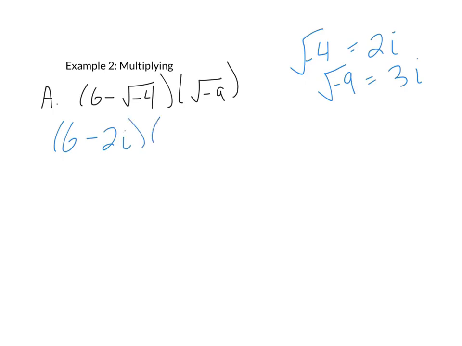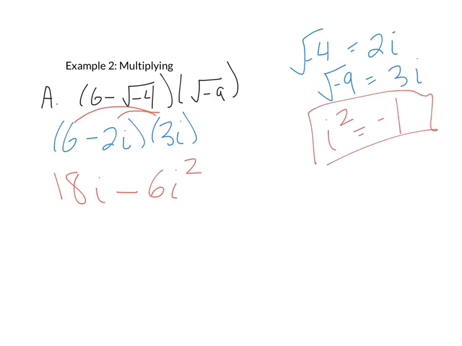times 3i. So now we're going to distribute this 3i to both the 6 and the negative 2i. So this is going to give us 18i minus 6i squared. Well, what's i squared? We know i squared is negative 1.